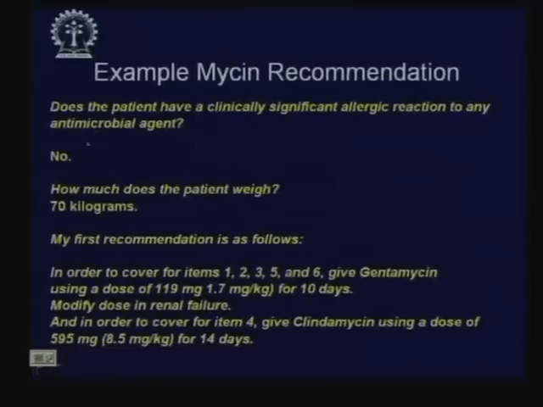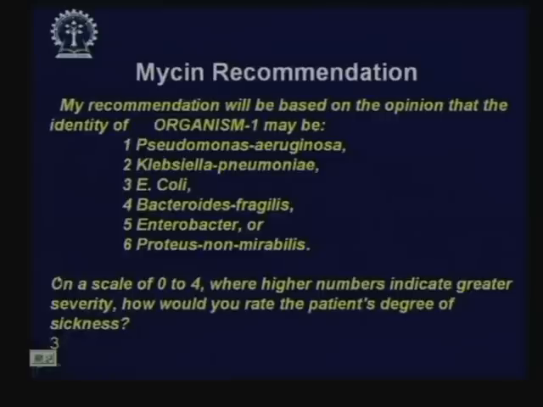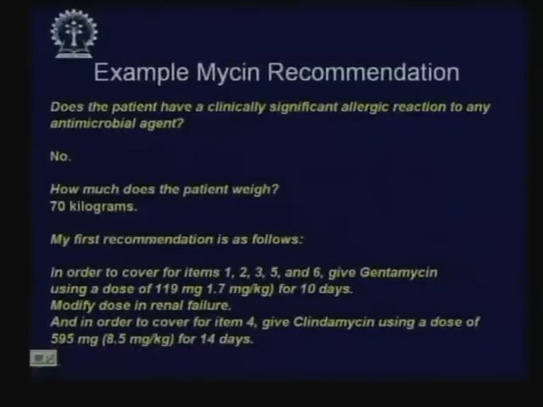And MYCIN further goes on asking more questions and then comes up with a recommendation. There were so many possibilities, and just as an expert doctor, it says in order to cover for items 1, 2, 3, 5 and 6, give gentamicin using a dose of 119 milligram, 1.7 milligram per kg for 10 days, modify dose in the case of renal failure, and in order to cover for item 4, give clindamycin using a dose of so and so for 14 days.